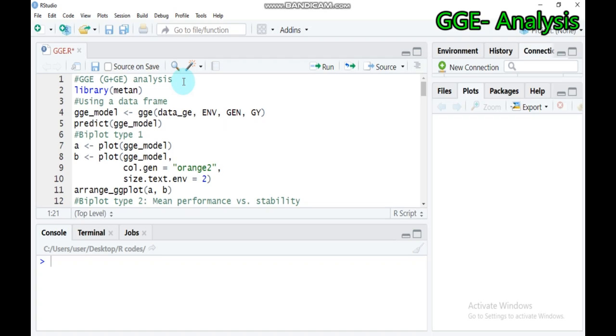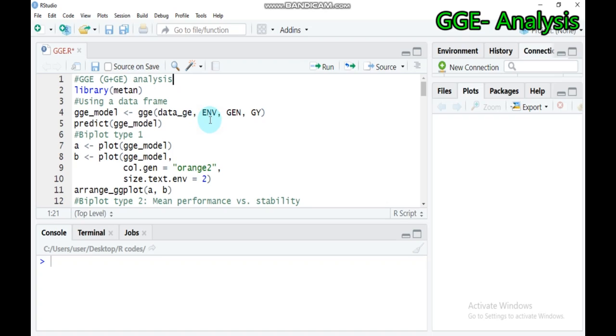It's derived from the singular value decomposition of environment-centered multi-environment trial data. So the GGE biplot graphically displays the genotype plus genotype environment interaction of the multi-environment trial in a way that facilitates visual genotype evaluation and mega environment identification.